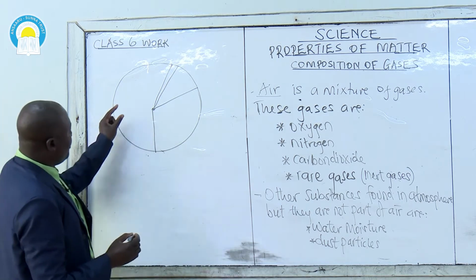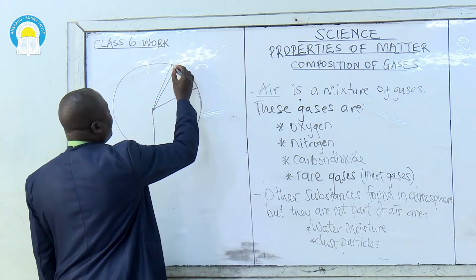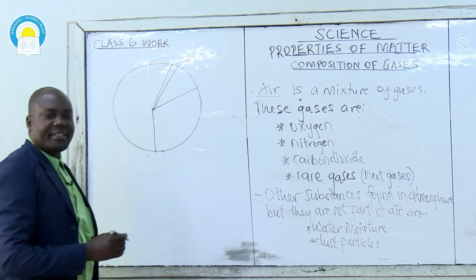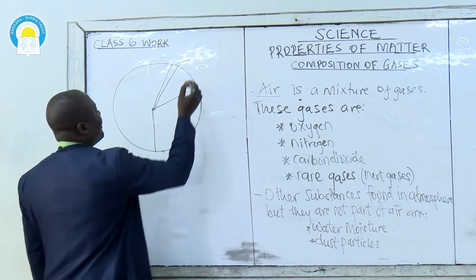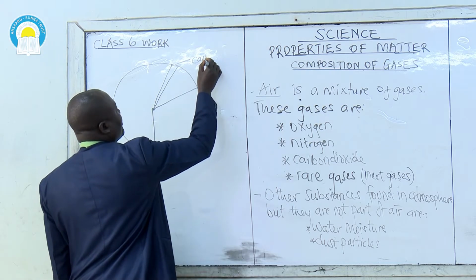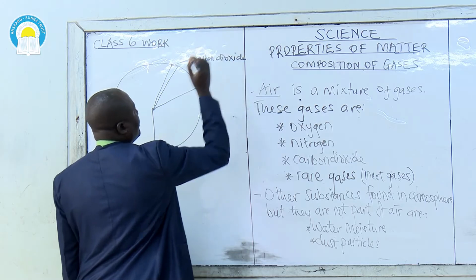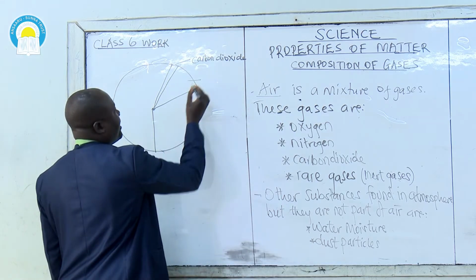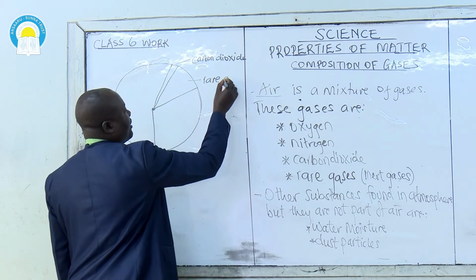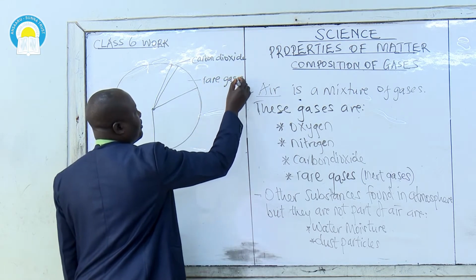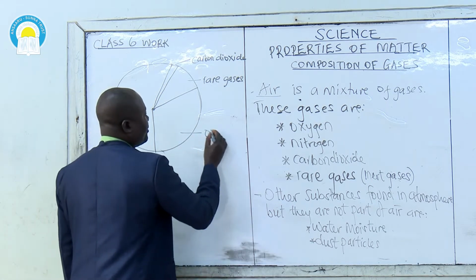So you'll find that this top sector here is representing carbon dioxide. Then there is this part here which shows rare gases. Then there is this part here which we call oxygen.